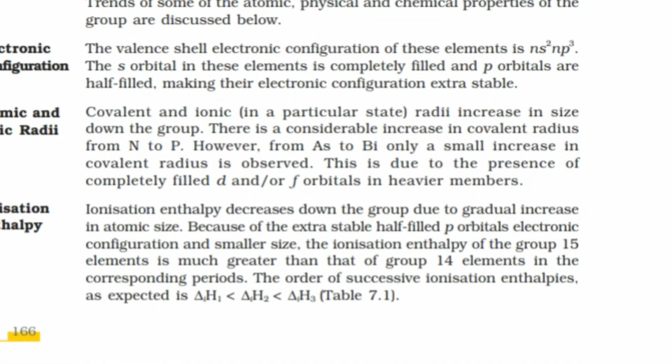Ionization enthalpy. Ionization enthalpy decreases down the group due to gradual increase in atomic size. Because of the extra stable half-filled p orbital electronic configuration and smaller size, the ionization enthalpy of group 15 elements is much greater than that of group 14 elements in the corresponding periods.